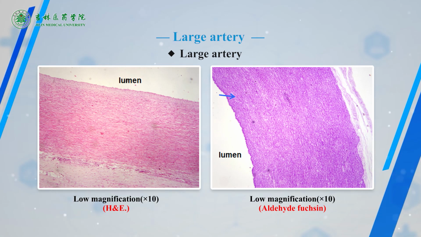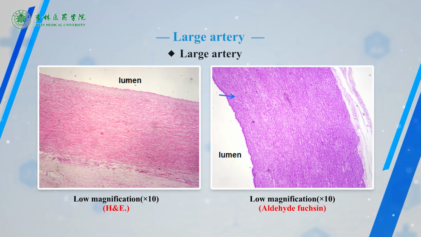The tunica adventitia is relatively thin, but thicker than the intima. There are some fat cells, vasa vasorum, and bundles of nerve fibers in the connective tissue of the tunica adventitia.